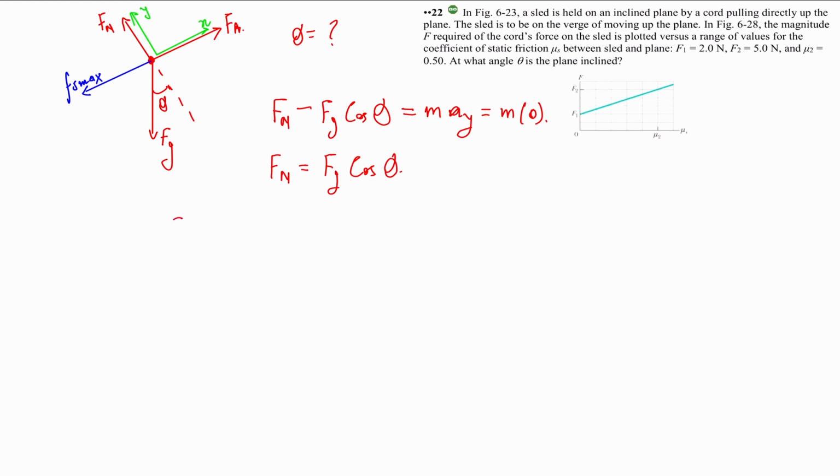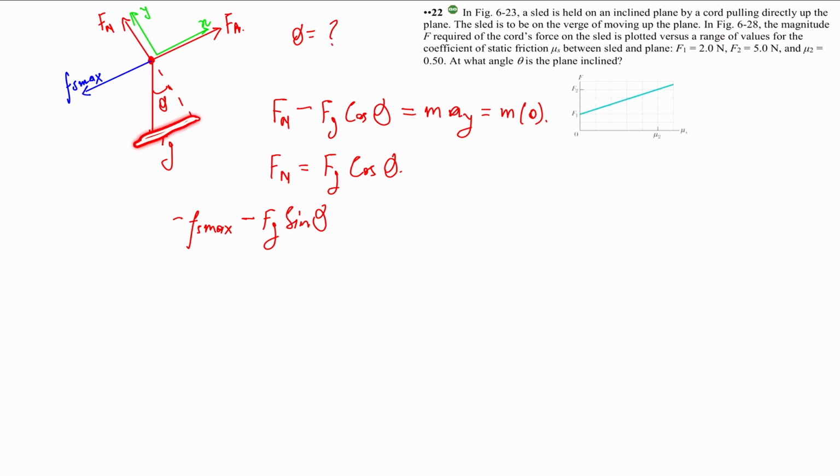This is going to look like minus Fs max. The reason why I pre-supply a minus is because I've designated that every force acting up the incline should be assigned a positive. So friction is acting down the incline, so that has to be assigned a negative. The same goes for the x component of gravity. That's going to be minus Fg sine theta.